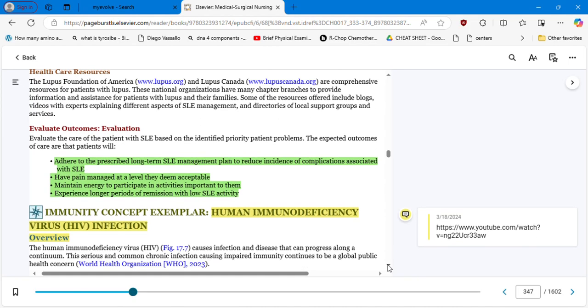Very important to evaluate outcomes is adherence to the prescribed long-term SLE management.